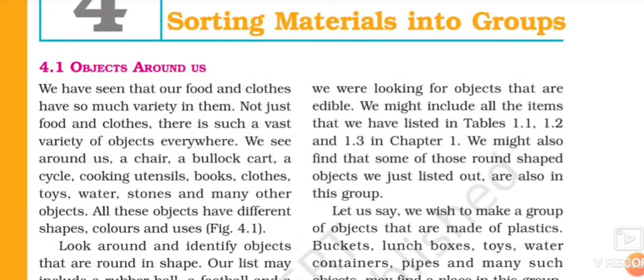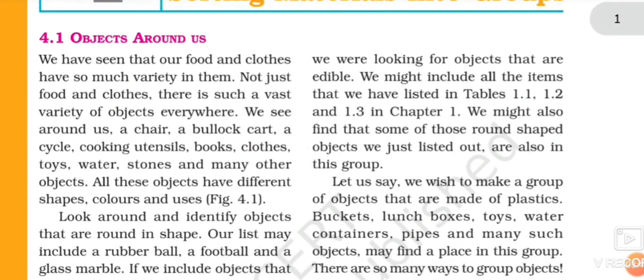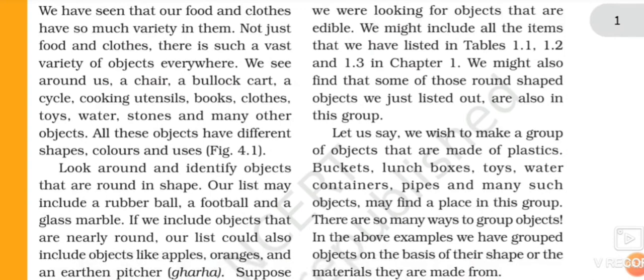Suppose we are looking for objects that are round in shape but also edible, which can be eaten by us. Then can you think of some items which are round and can be eaten by us? We might include all the items that we listed in tables 1.1, 1.2, 1.3 in chapter 1.